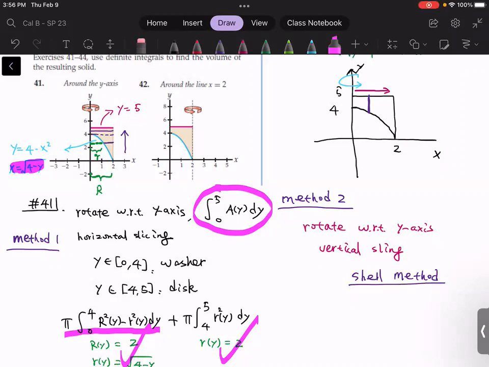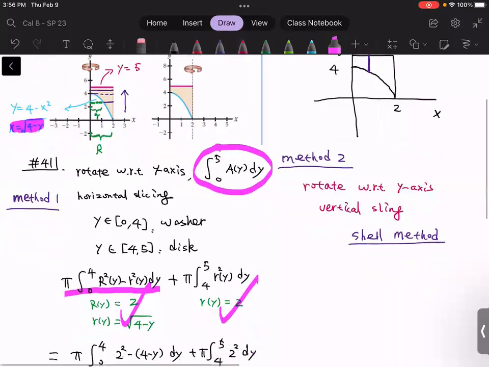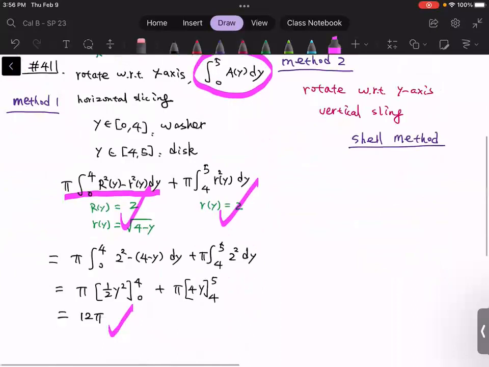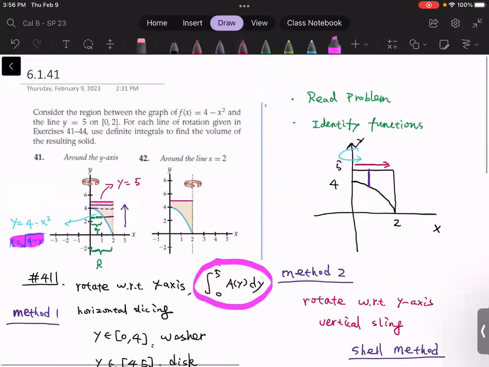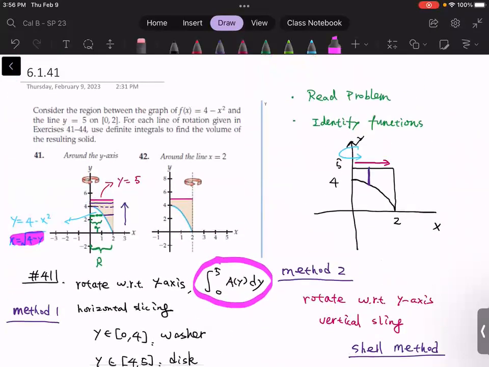Sometimes we need to break the interval into several parts. Then find the notations or the involved functions in the formula, and then evaluate the integral. That would be the general procedure. Okay, I will stop here.